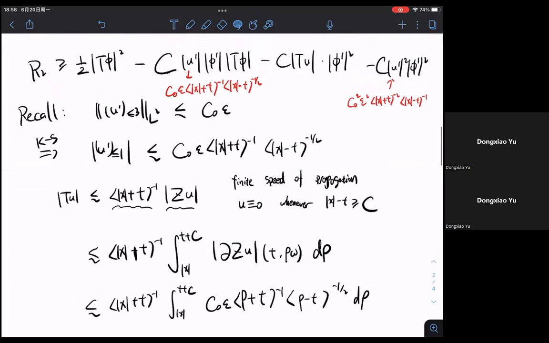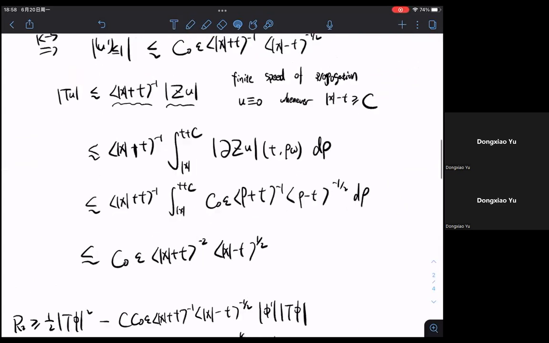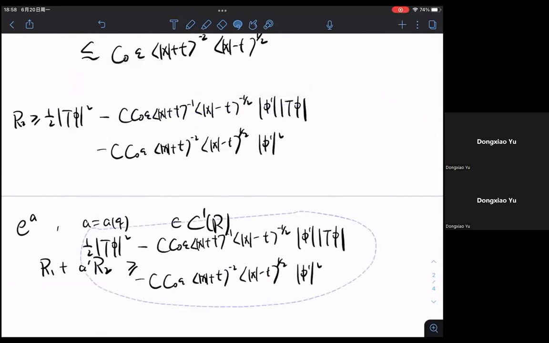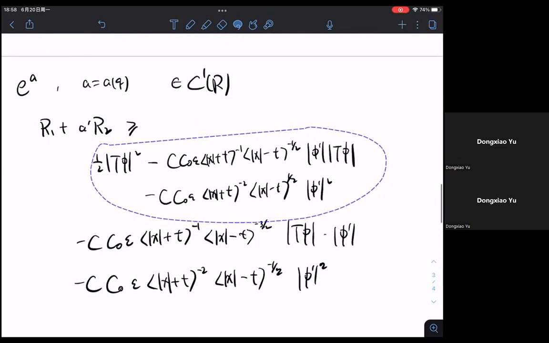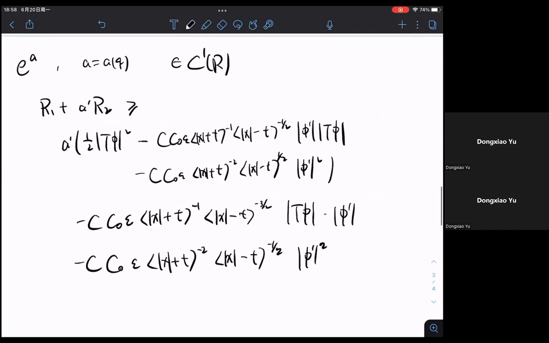Also, I would like to have something for R2, not this one, this one. And remember that I need to multiply this by A prime. The first thing I need to mention is that I will always assume that A prime is larger than or equal to 0, so I don't need to worry about changing the direction of the inequality when I multiply R2 by A prime.